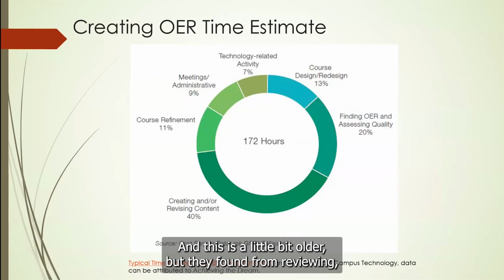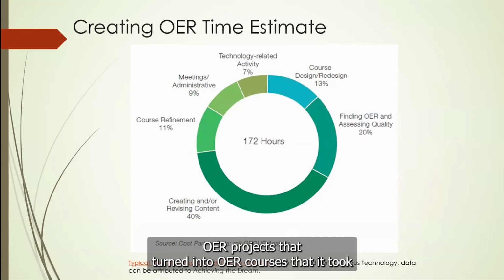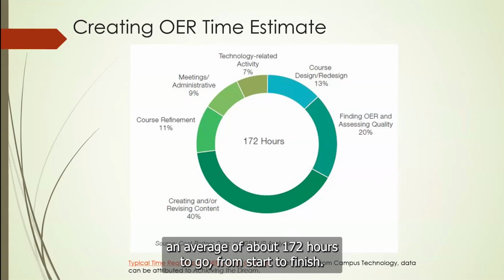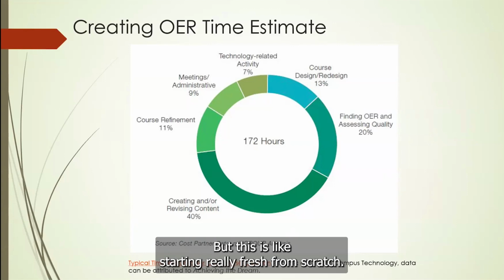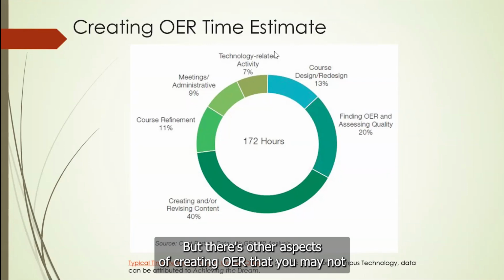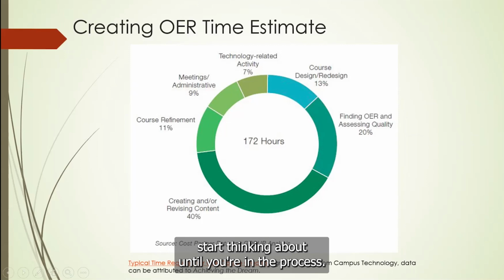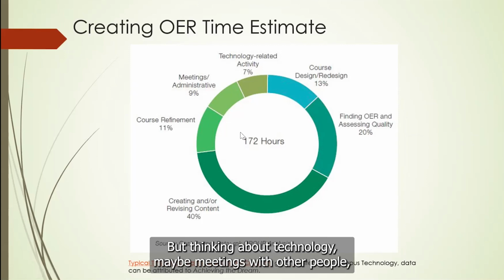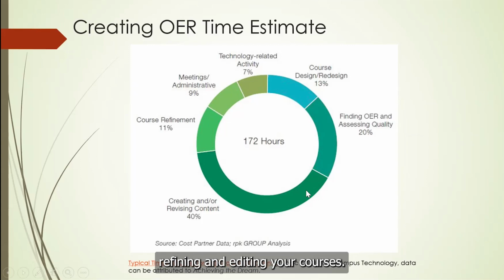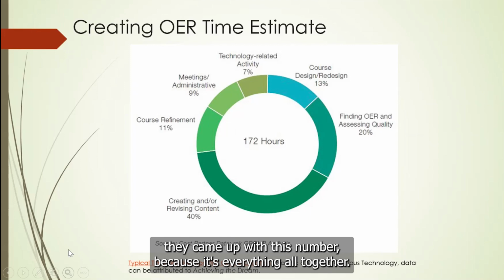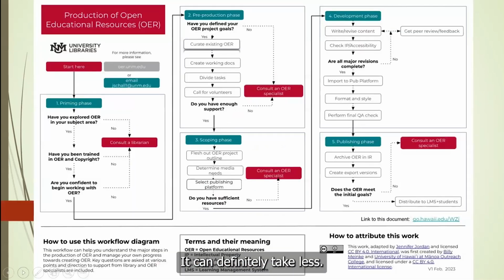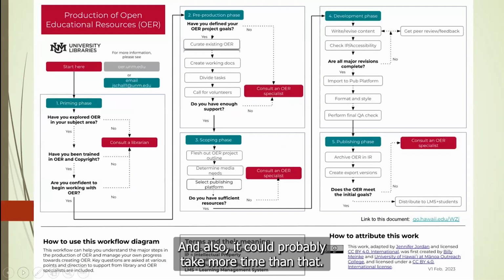It's a little older, but they found from reviewing OER projects that turned into OER courses that it took an average of about 172 hours to go from start to finish. But this is starting really fresh from scratch. There are other aspects of creating OER that you may not think about until you're in the process, like technology, meetings with other people, and refining and editing your courses. That's why they came up with this number, because it's everything all together. It can definitely take less, and it could probably take more time than that.